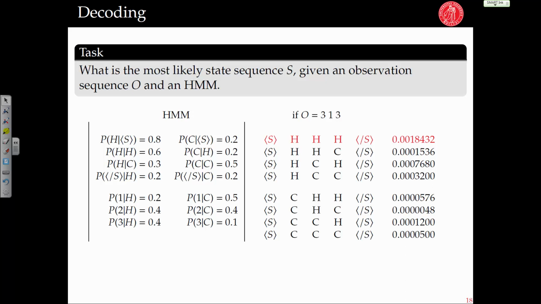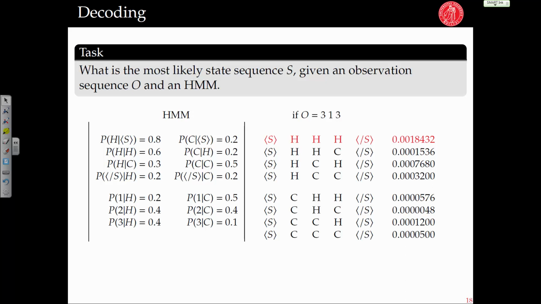So if a hot day is more likely than a cold day, then the transition from the start symbol to the first element in our hidden sequence, if it's a hot day, would be more likely. So this is a way to encode it. Since it's summer, the prior is in a sense encoded.